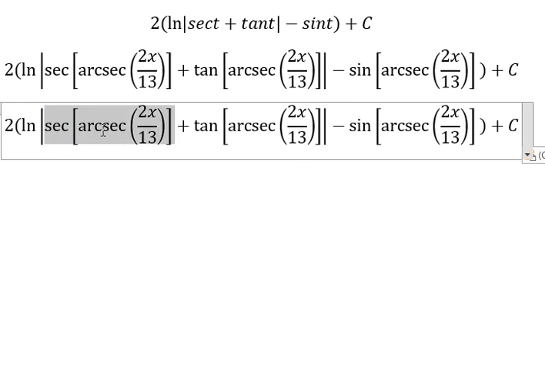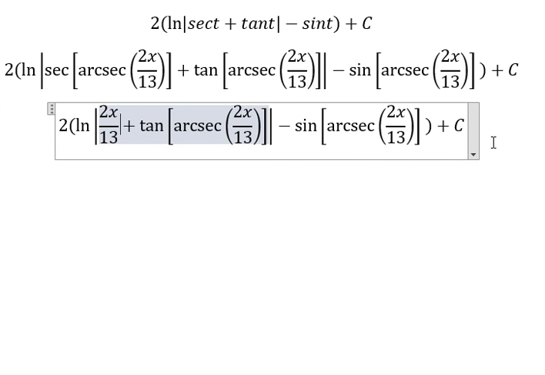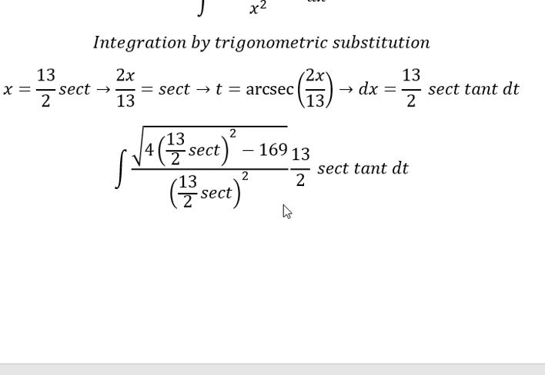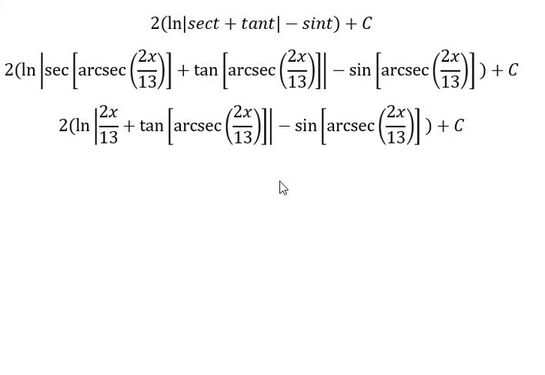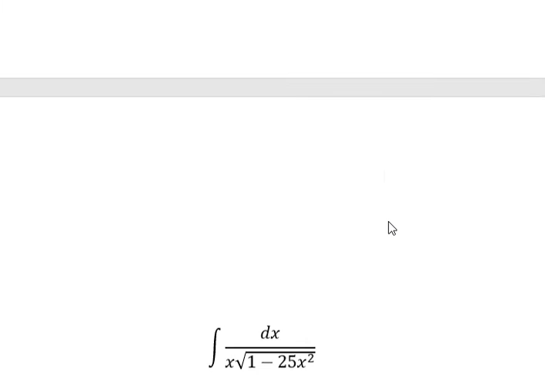Secant with arcsecant, you get 2x over 13. Now, let's go to the next one. This is the final answer.